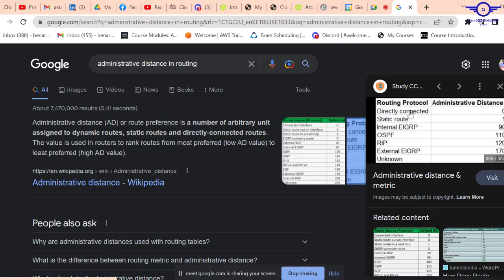For example, a directly connected network has zero. A static route has an administrative distance of one. Internal EIGRP has 90. OSPF, which is now the protocol in question, has 110, and so on and so forth.